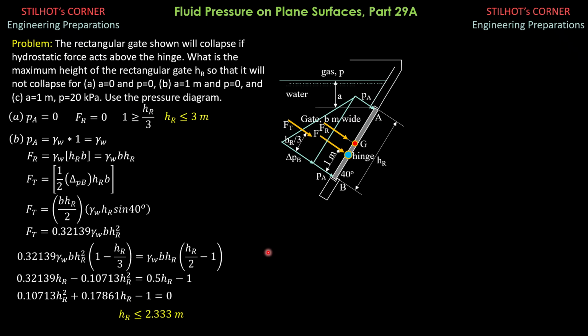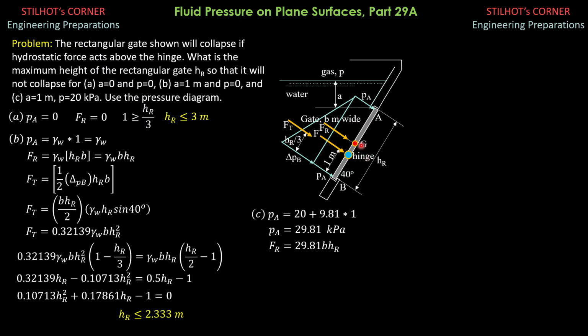Then in part C, A is 1 and P is 20 kilopascals. So that means the pressure at A is 20 pressure here plus specific weight of water 9.81 times A, which is 1. So P sub A is 20 plus 9.81 times 1, and that is 29.81 kilopascals.